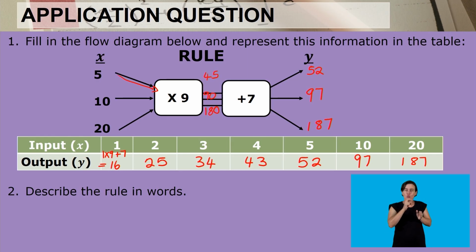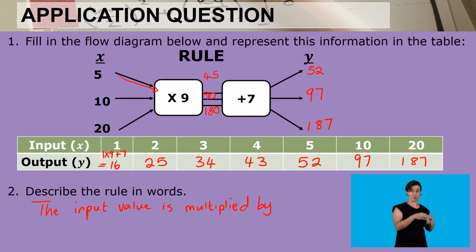So when we describe this rule in words, we can see that the input value is multiplied by 9.